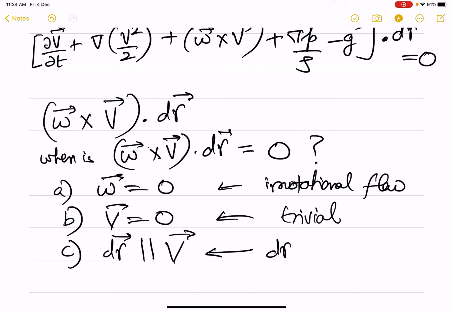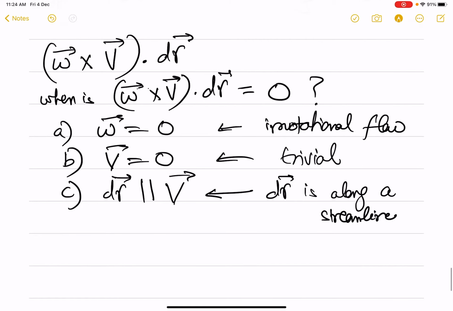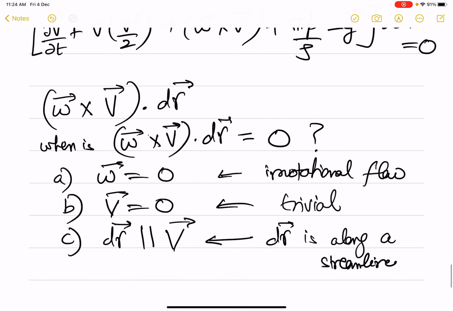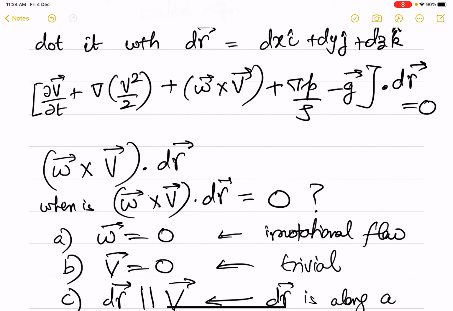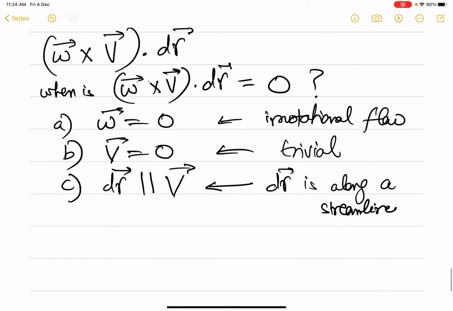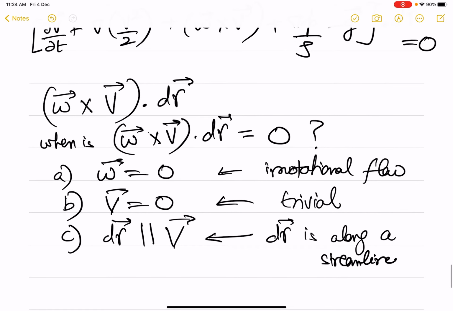Dr will be parallel to V if dr is along a streamline. So that means either we are moving along a streamline, if dr is along that, then omega cross V dot dr is 0, or if omega is 0 in the flow, then also omega cross V dotted with dr is 0.